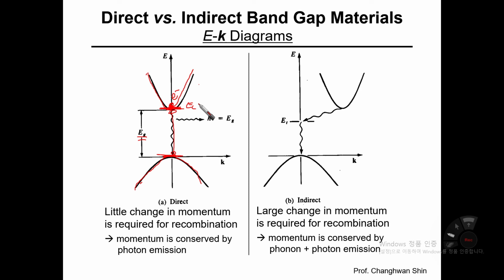As you have solved in homework problem sets, the energy state where the most electrons can be found is not exactly at the conduction band edge, but at a slightly higher energy state, which is EC plus kT over 2.